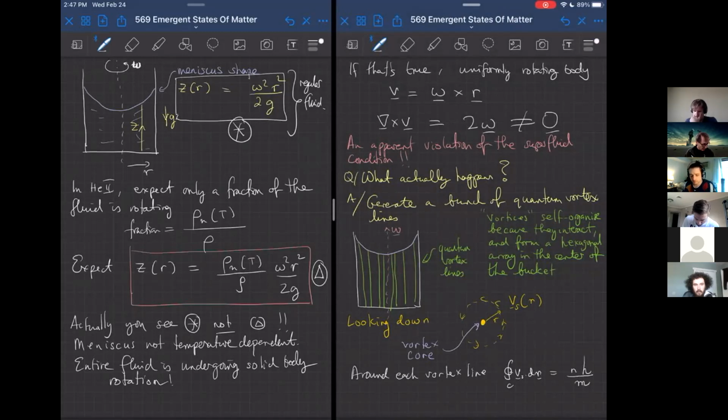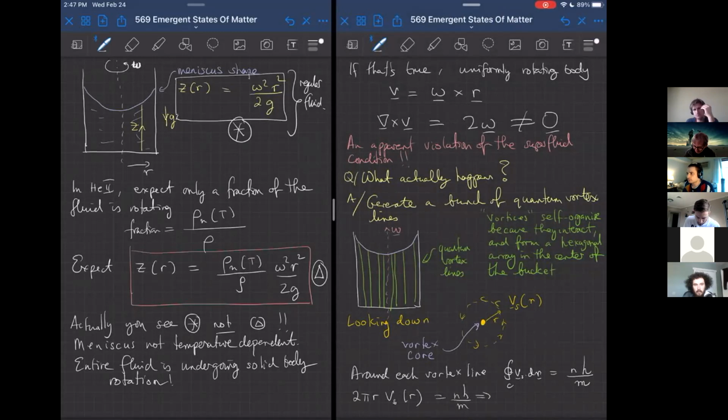over m, and so what I find is that 2 pi r times the magnitude of the superfluid velocity as a function of r is equal to nh over m.